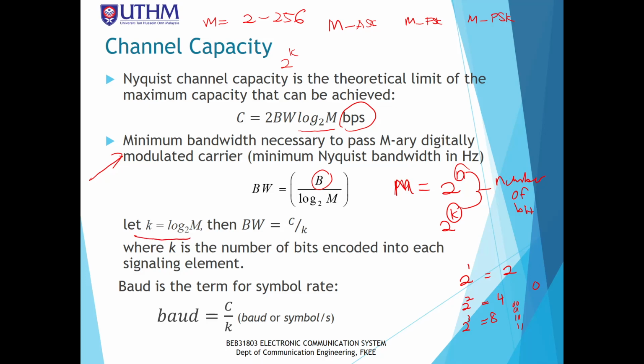Let k be equal to log base 2 of m, then bandwidth is equal to capacity divided by the number of bits used for the system.